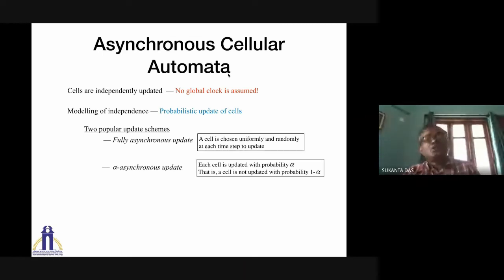Somebody has argued that fully asynchronous update is the most natural one, but I shall not go into that argument. There are many other updating schemes. Some updating schemes are derived from these basic updating schemes, and some are different, such as the beta updating scheme, which I'm not discussing here.